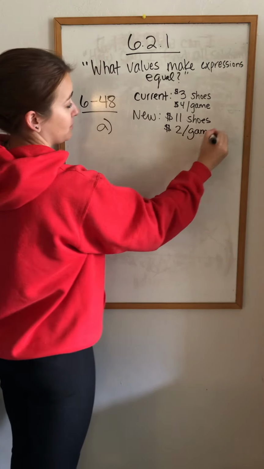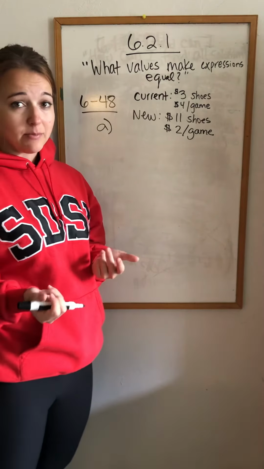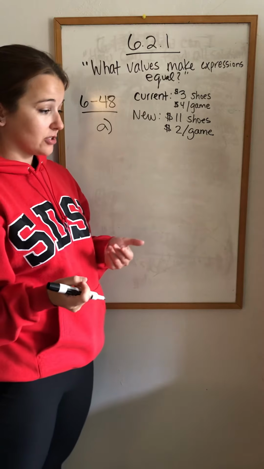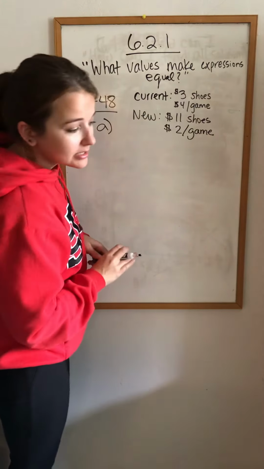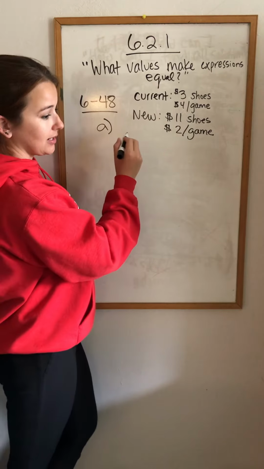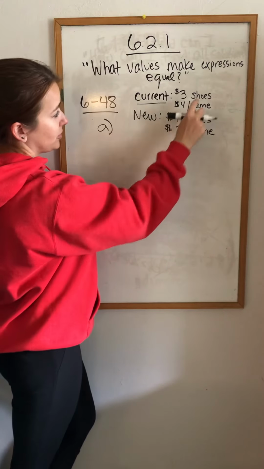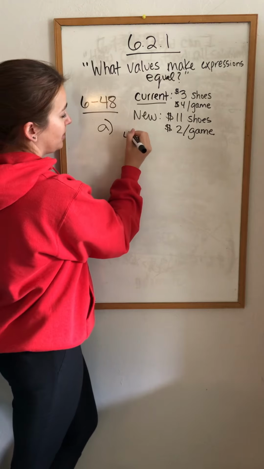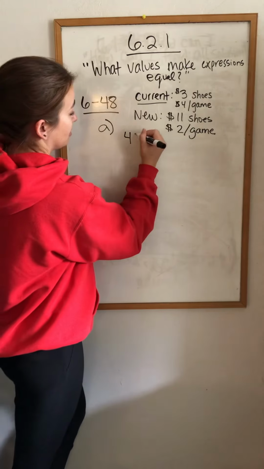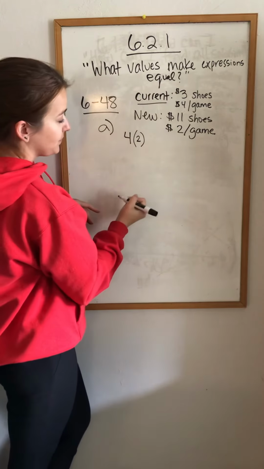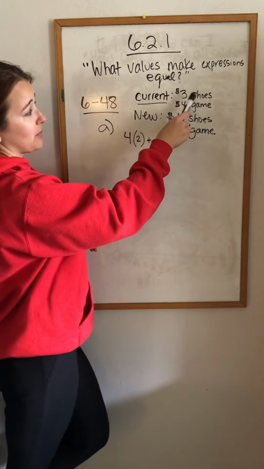So there's our information. Now for part A, it gives us how many games we need to figure out the total price for. Let's do the current pricing plan first. So $4 per game, 2 games, so I'm going to multiply that by 2 and then add the shoe charge on top of that, which is 3.